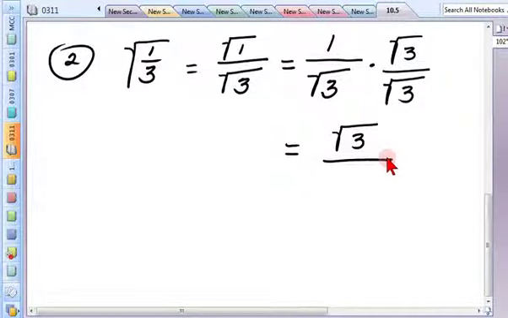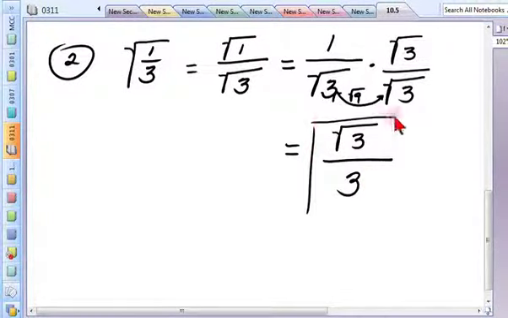And what's the denominator? The square root of 9, which is 3. Okay, so remember, when you multiply a square root times itself, you could multiply it out, get the square root of 9, but it's equal to 3.